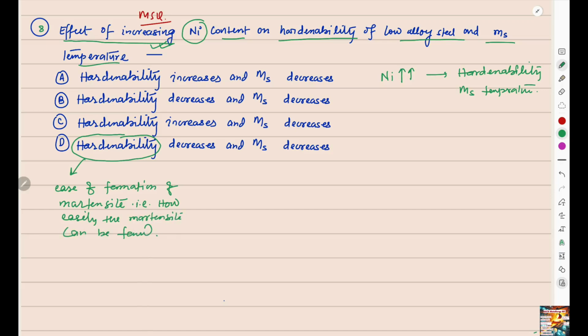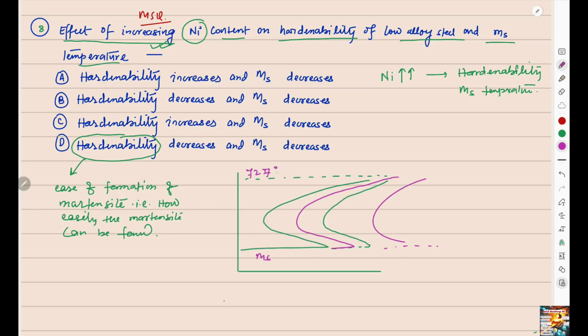According to the effect of nickel on low alloy steel, this shifts the TTT curve to the right. So this is a TTT curve, and what happens is there is a shift in the graph from left to right.